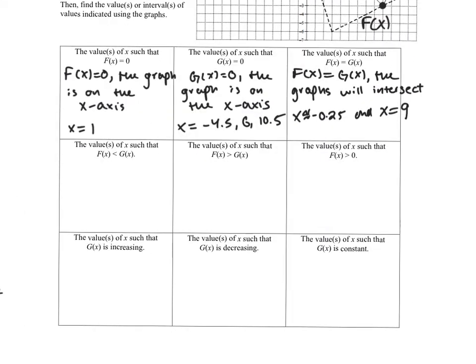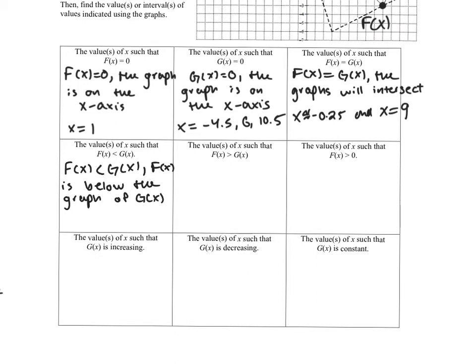Now the values of x such that f of x is less than g of x. If f of x is less than g of x, then the graph of f of x is below the graph of g of x.